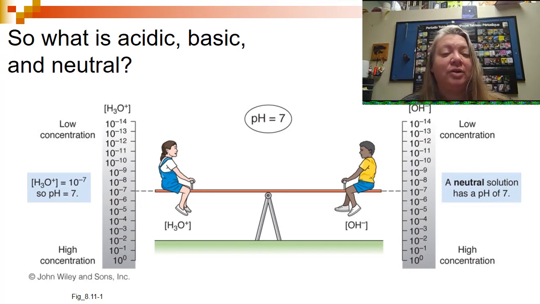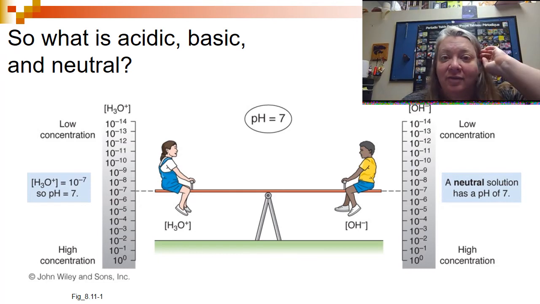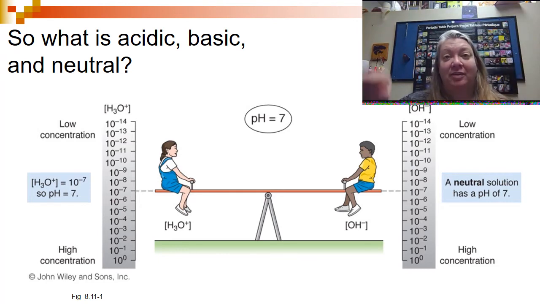So on this slide, we have two kids on a teeter-totter or seesaw or whatever you want to call it. Now, you remember as a kid that whichever side ended up having more force, more weight, whatever you want to think of, ended up going to the bottom, and the other one went up to the top.